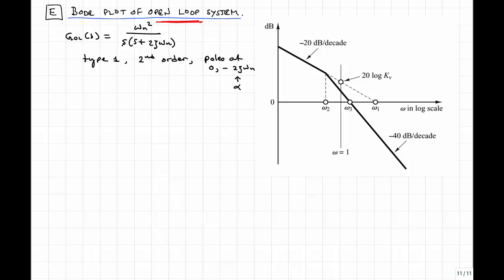If we do GOL of s over 1 plus GOL of s, and do a little arithmetic, you will find that the closed loop transfer function corresponding to this system is omega n squared over s times s plus 2 zeta omega n plus omega n squared, which is the same closed loop transfer function that we've been looking at.